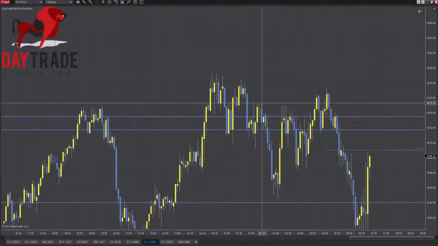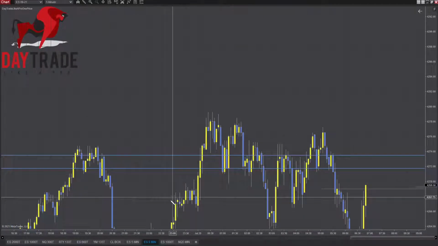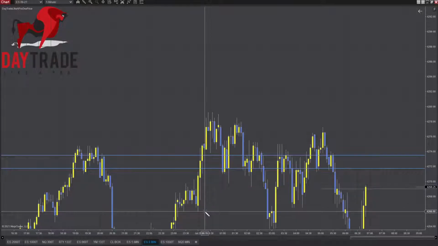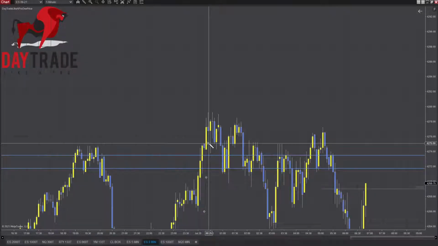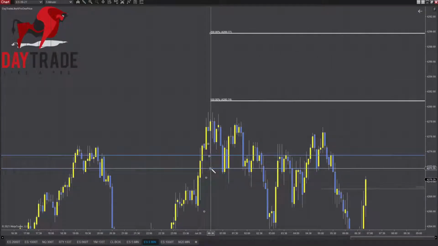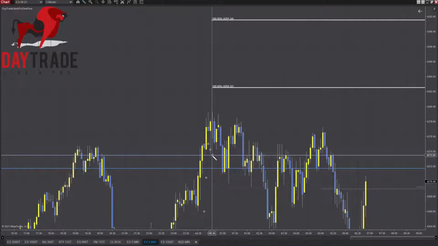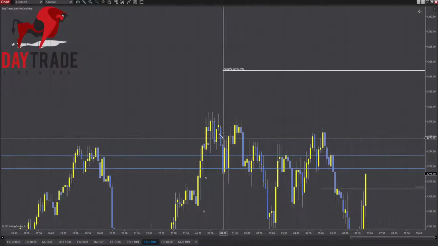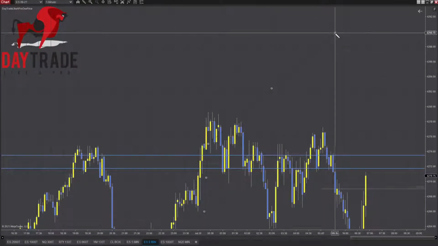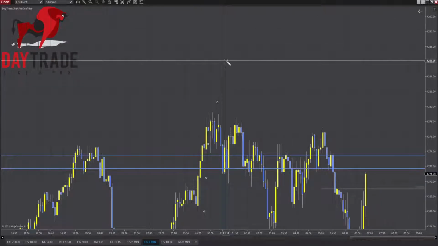I think what we'd want to do, I mean, if they take that out and they just really start ripping, let's just see here. There would be 89.75 and then 91 half. So if they take this out and they just keep ripping, then those are next targets.